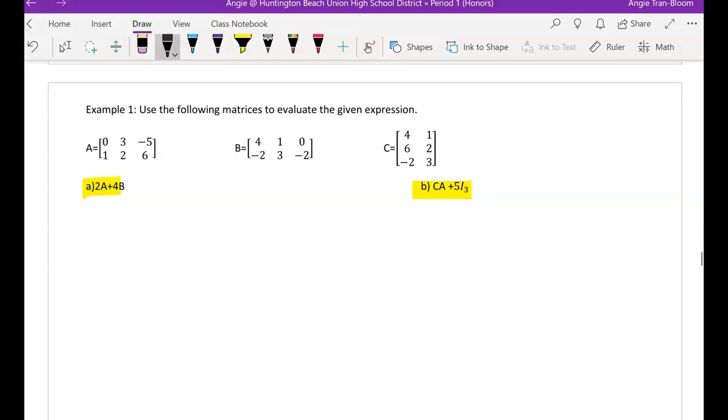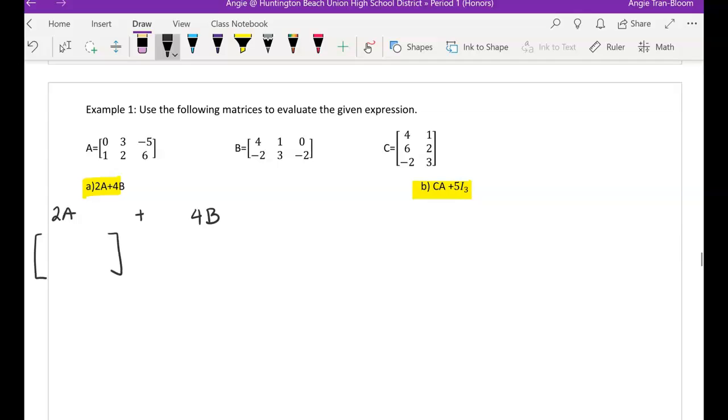So the first thing we want to start is 2 times A, and then 4 times B. I need space, so I'm going to write these out a little bit further apart. So what does 2 times A mean? Well, 2 times the entire matrix. That means every single entry in the matrix is twice as big.